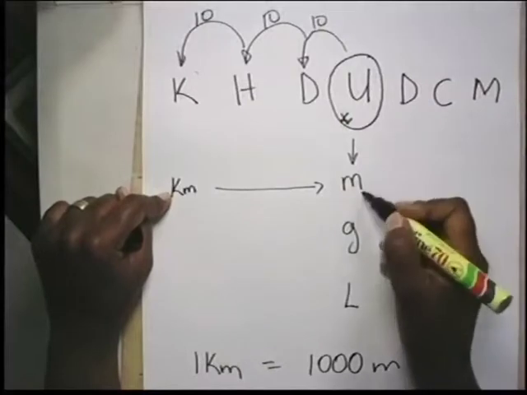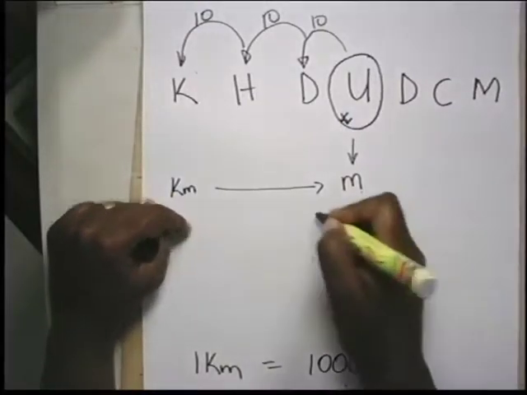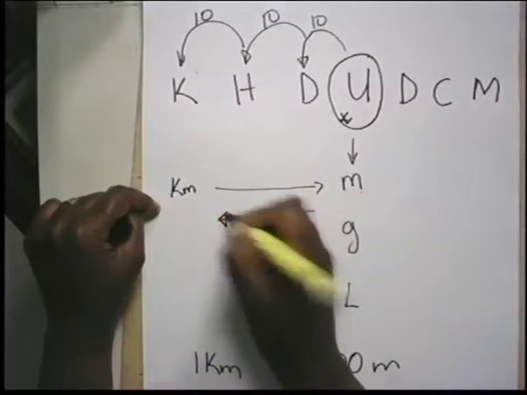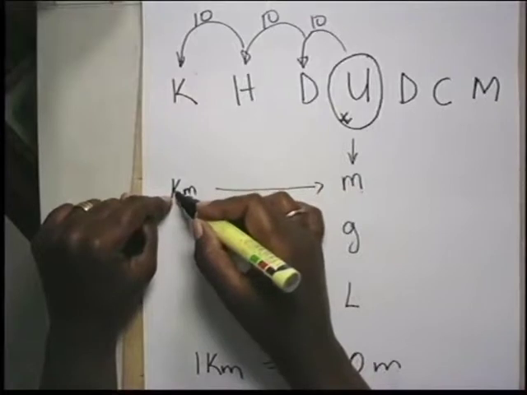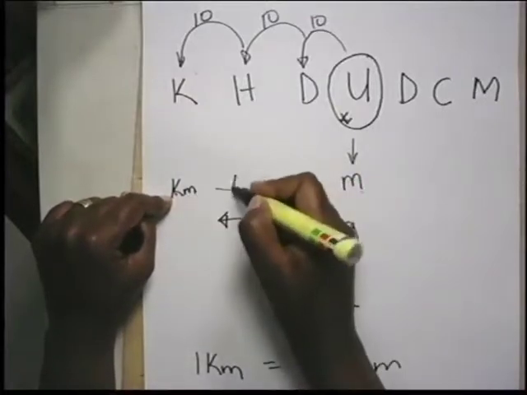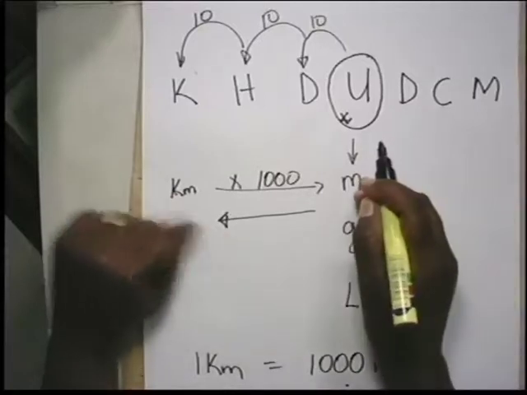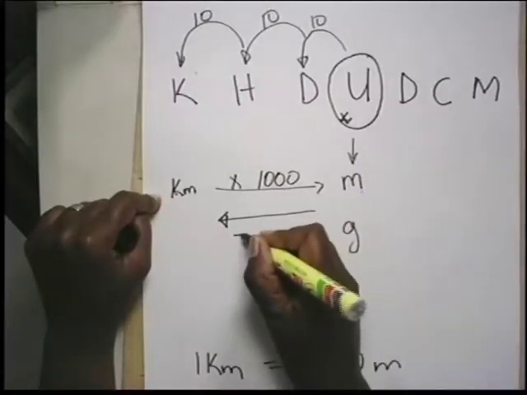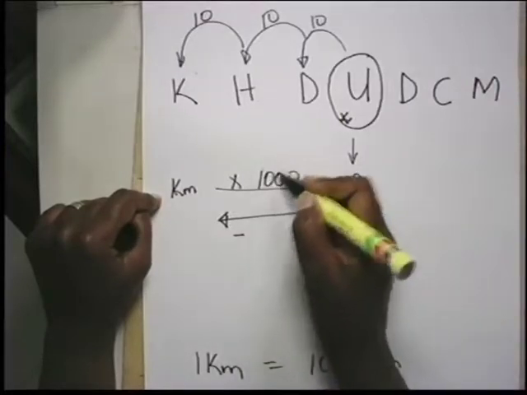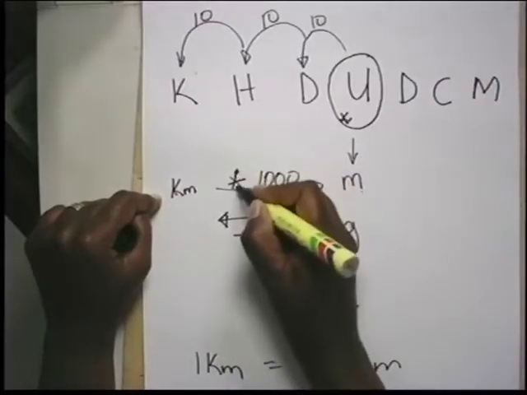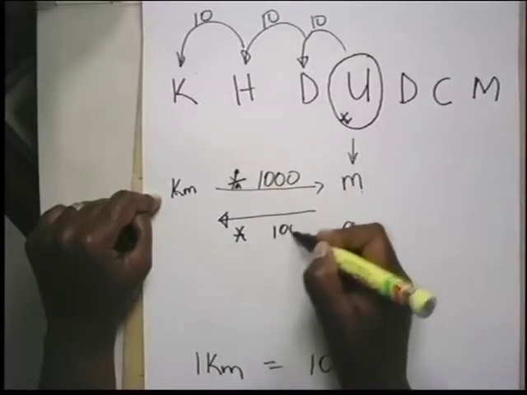In the same way, if we have 1,000 meters and we want to change it to kilometers, then you must divide. So from kilometer to meter, we are multiplying by 1,000. From meter to kilometer, we are dividing by 1,000.